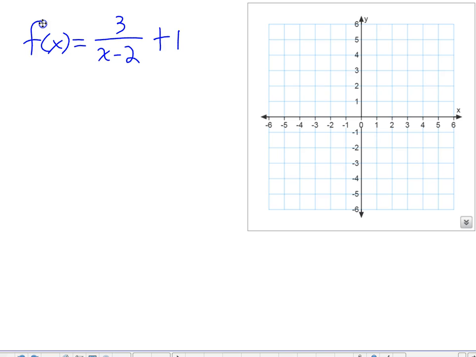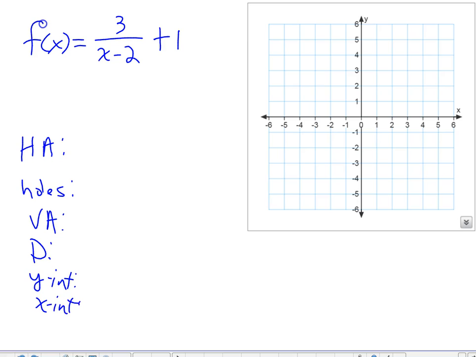I've got all that to consider, right? So, horizontal asymptote, holes, vertical asymptotes, domain, y-intercept, x-intercept. That's my concerns for this lesson.